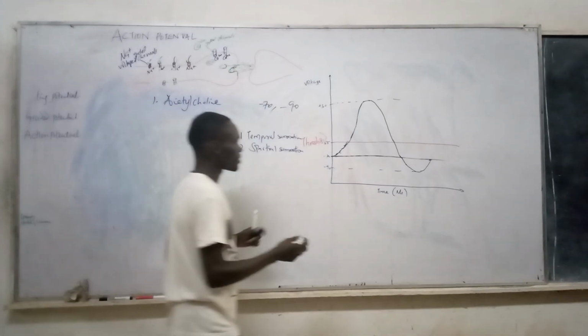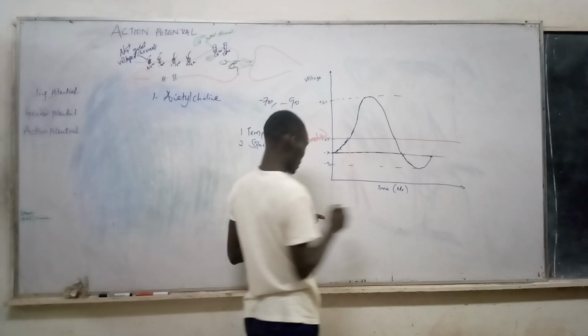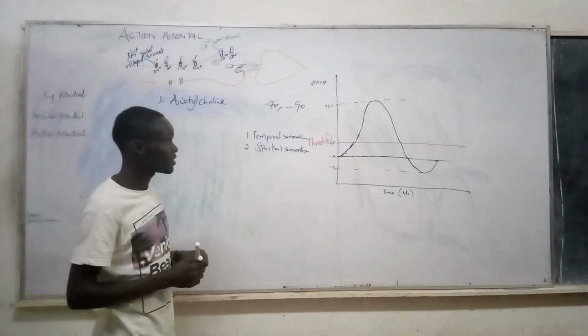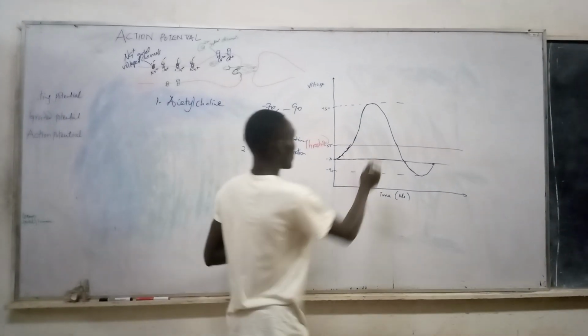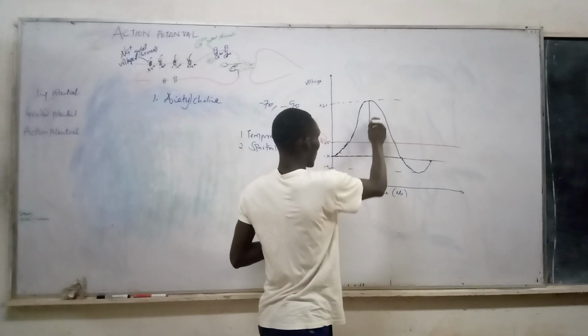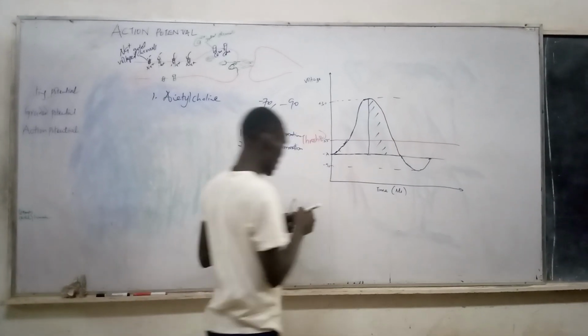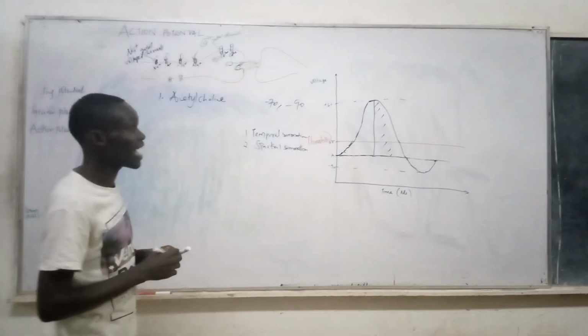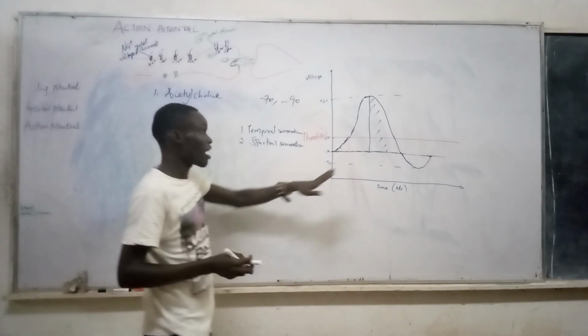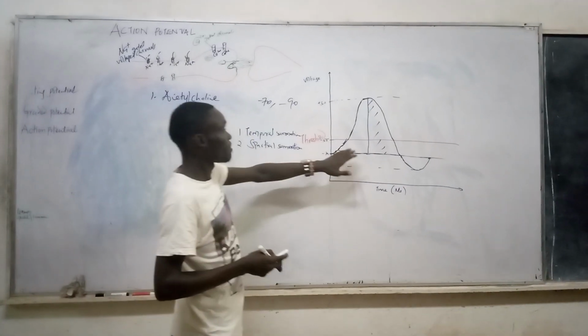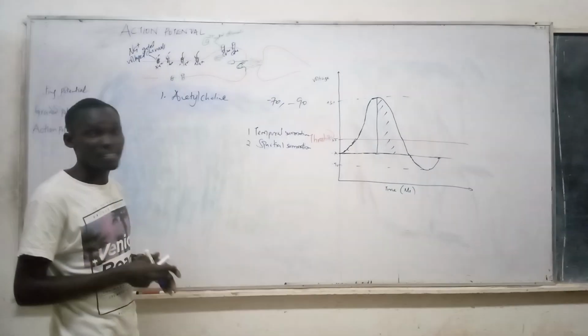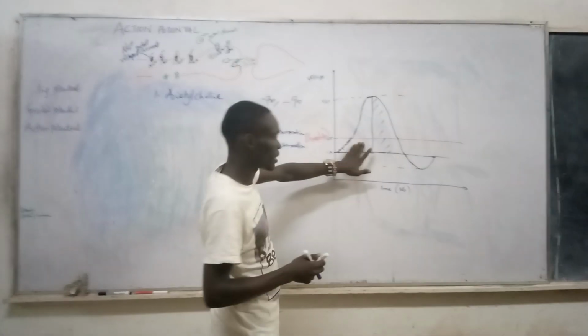So what do we call this? We call this hyperpolarization. At this stage, the neuron cannot be stimulated again, regardless of the strength of the signal.